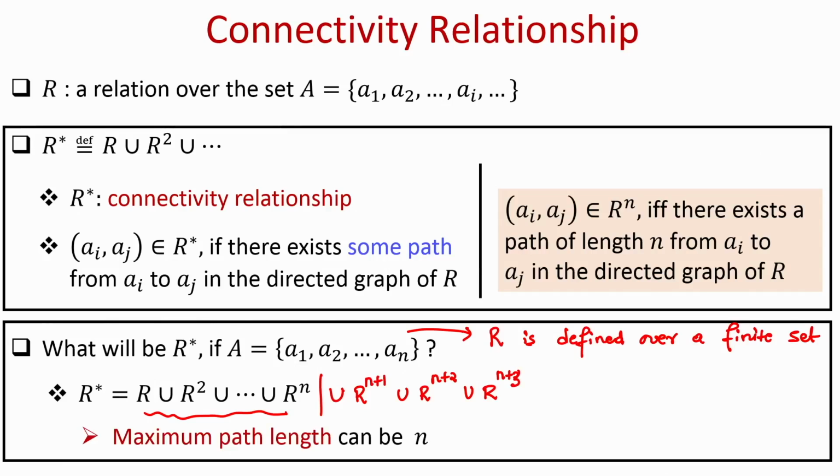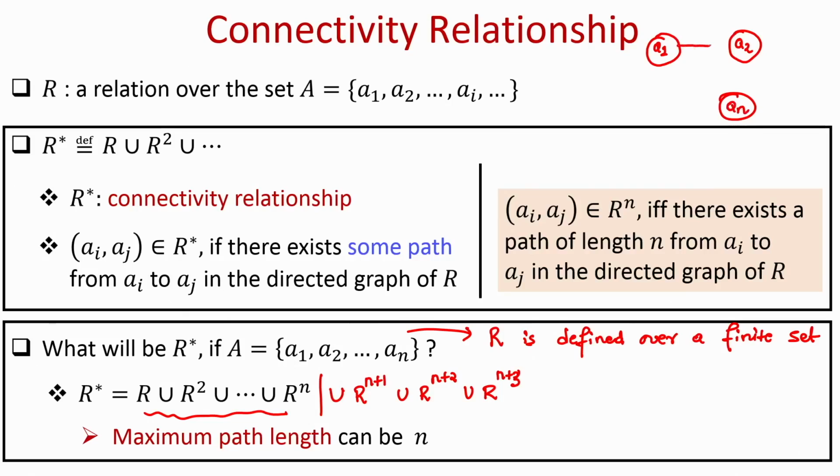And this is because what can be the maximum path length between any two nodes? Remember, in the graph of your relation R, you have n nodes, because now the relation is defined over a set consisting of n elements.